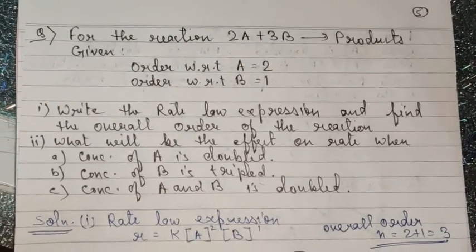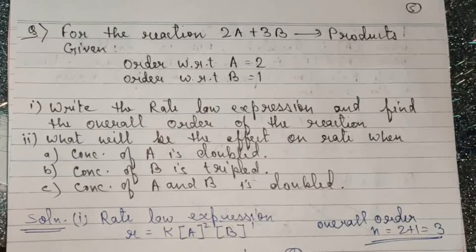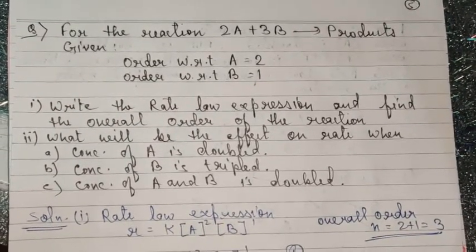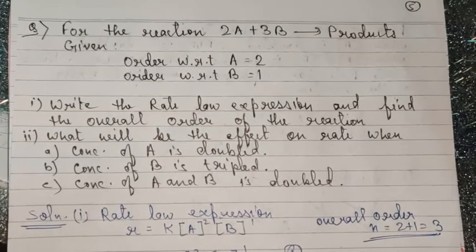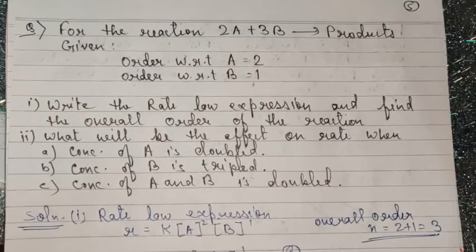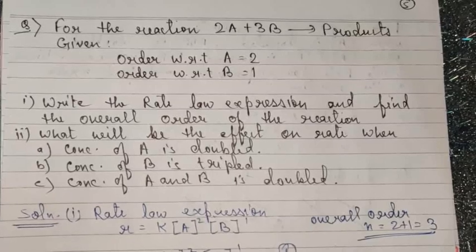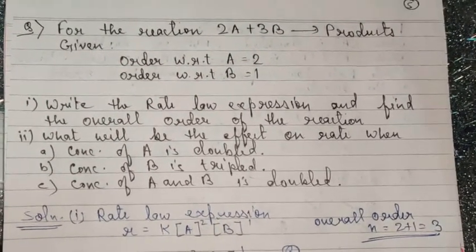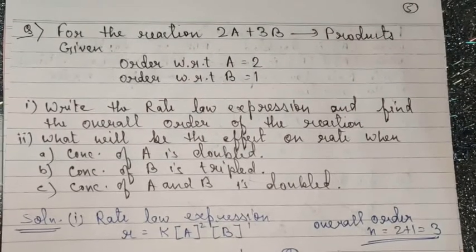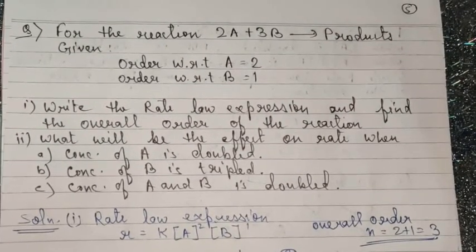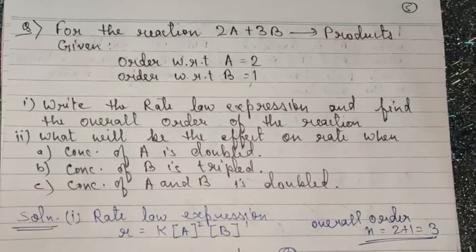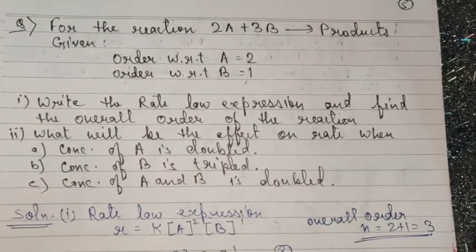So children, in today's session, I'm taking up the numericals related to the rate law expression because in the last session, I explained to you the meaning of rate law expression, the purpose of rate law expression, and also introduced you to the concept of order of reaction. And if you remember, the rate law expression tells us about the dependency of the rate of reaction on the concentration of the reactants.